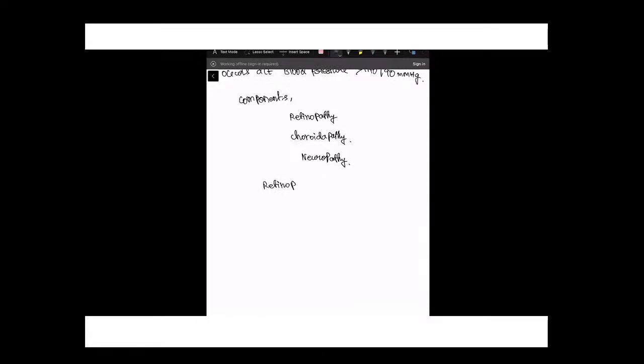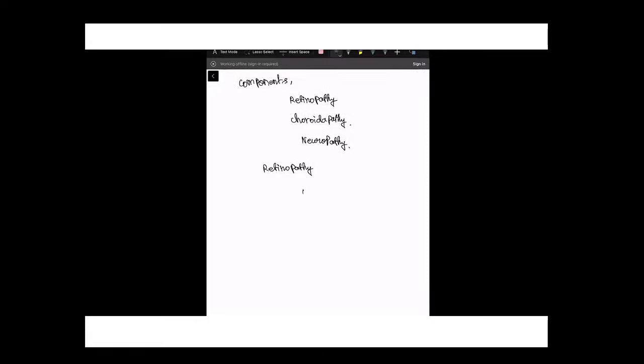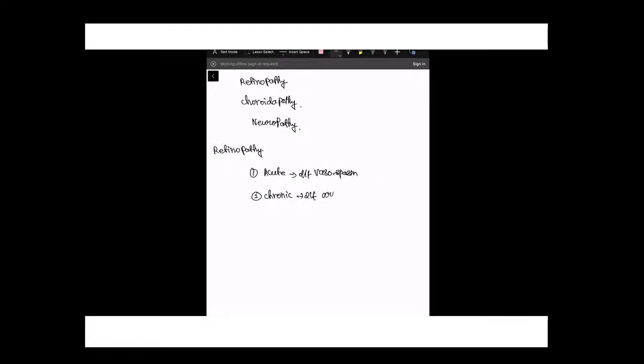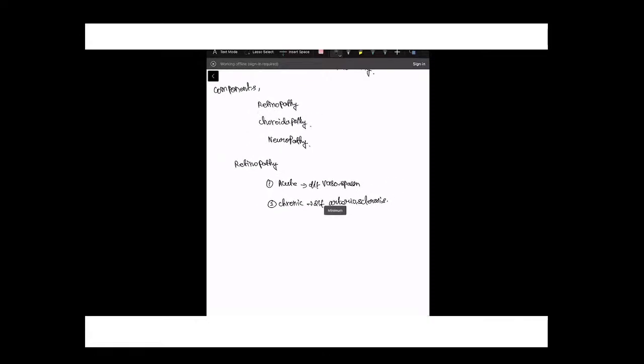Retinopathy or damage to the retina is acutely due to vasospasm, and chronic is due to arteriosclerosis.